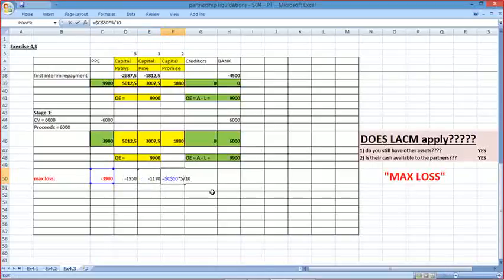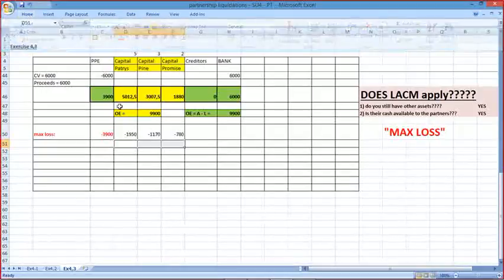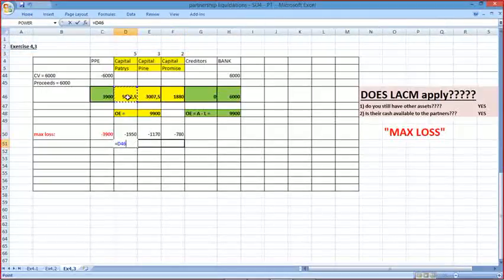Nice. All right, fantastic. Okay, so now we know that. Now we must deduct that from the bottom, from the top portion. Good. Okay.